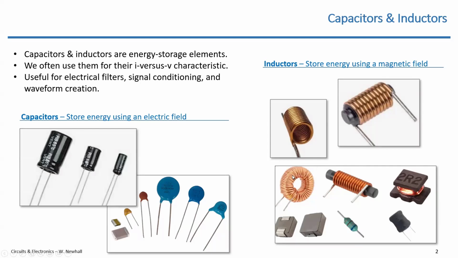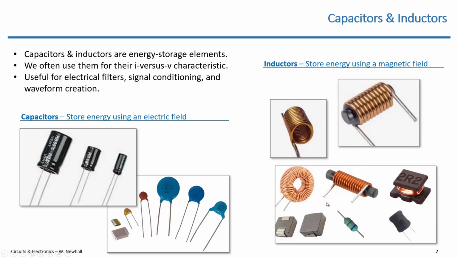Other shapes of inductors, here is a toroid inductor. That can give you fairly high inductance values. It constrains most of the magnetic field to inside that toroid core, which might be a ferrite material. Here's a bobbin inductor, usually surface mount. Here's an inductor that looks like a resistor, but that's an inductor. And here are a couple other surface mount inductors. So there are different shapes of those, but they're all generally based on coils of a conductor or a wire.